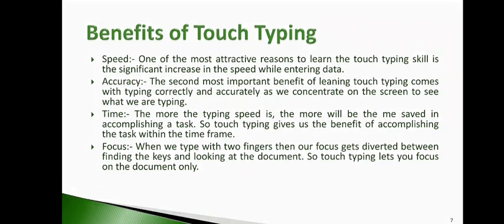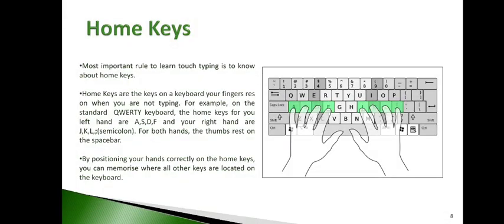Then the next topic is home keys. Now if you see the picture, please relate this picture to the words written on the left side. First of all, let me tell you that the most important rule to learn touch typing is to know about home keys. Now what are these home keys?